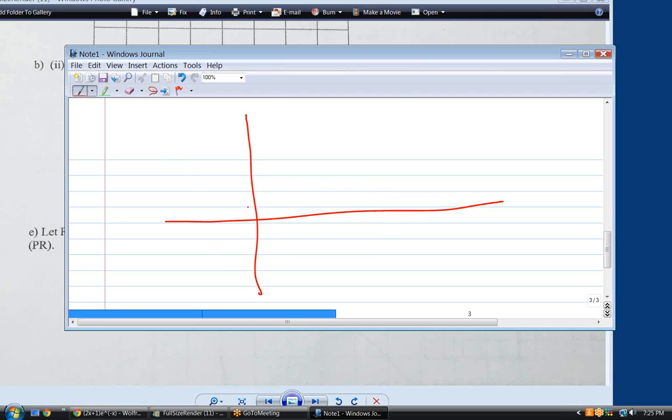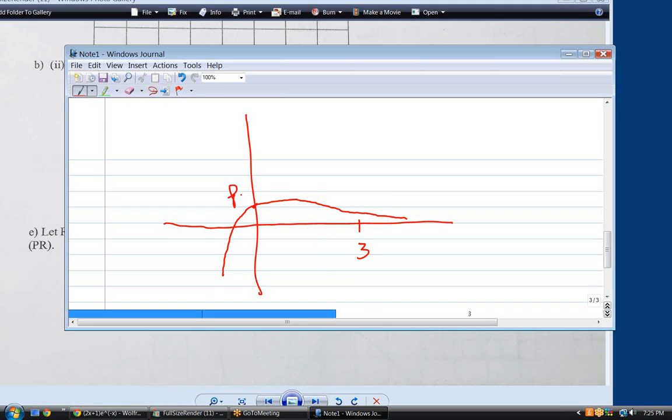Let me redraw it. We know it goes through this point here, and we can see from the Wolfram Alpha that it does something like this. We know there's a maximum at a half, and then it's asymptotic with that line. Okay, and I'm going to put 3 on there.